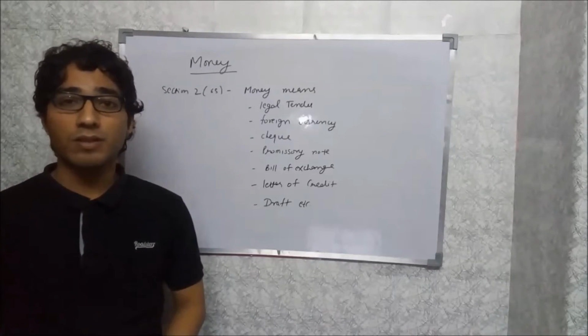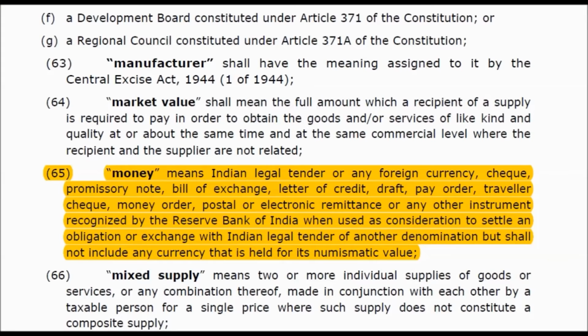According to section 2 subsection 65 of the model GST law, money means Indian legal tender or any foreign currency, cheque, promissory note, bill of exchange, letter of credit, draft, pay order, traveler's cheque, money order, postal or electronic remittance or any other instrument recognized by the Reserve Bank of India when used as consideration to settle an obligation or exchange with Indian legal tender of another denomination, but shall not include any currency that is held for its numismatic value.